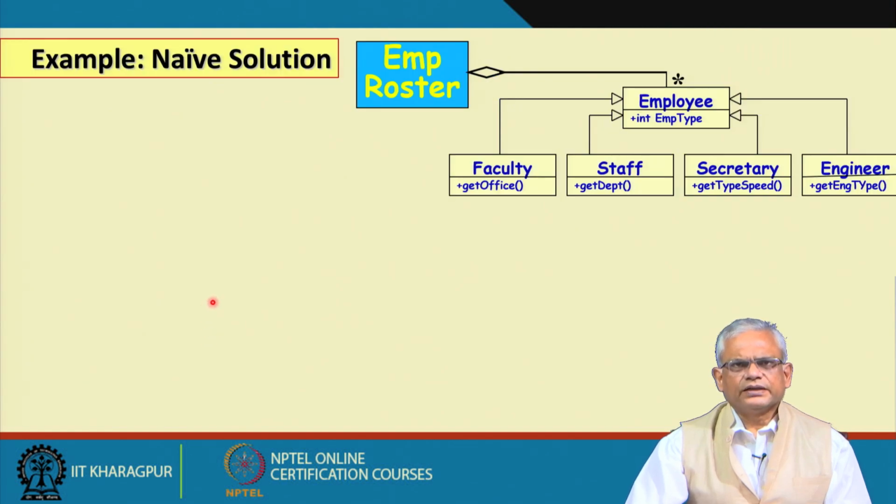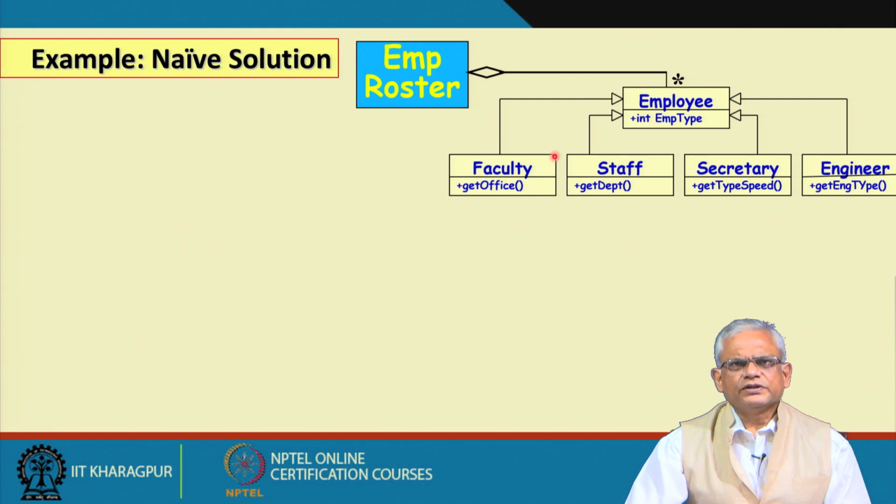Now, let us look at an example, a violation of the open closed principle and how we can fix it. Let us say we have this solution where the employee roster consists of many employee objects. The employee is a concrete class having employee type etcetera, and some basic methods.